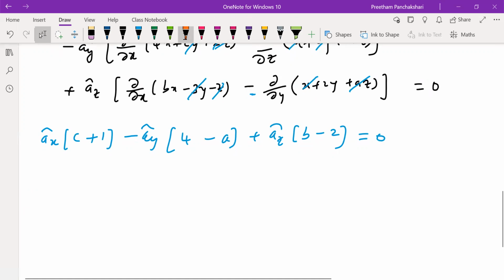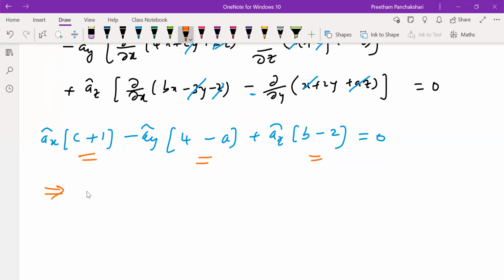So to make the right hand side 0, every component of the left hand side should become 0 individually, because we cannot cancel them under any circumstances. That's why the magnitude of each vector component must be 0.